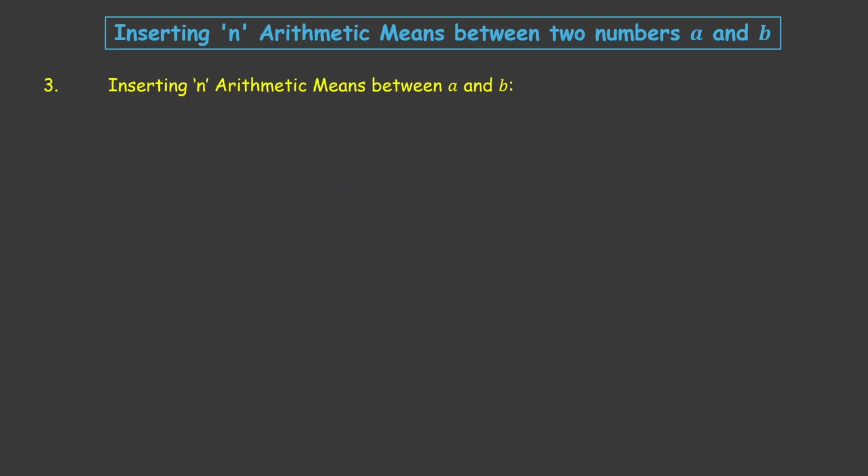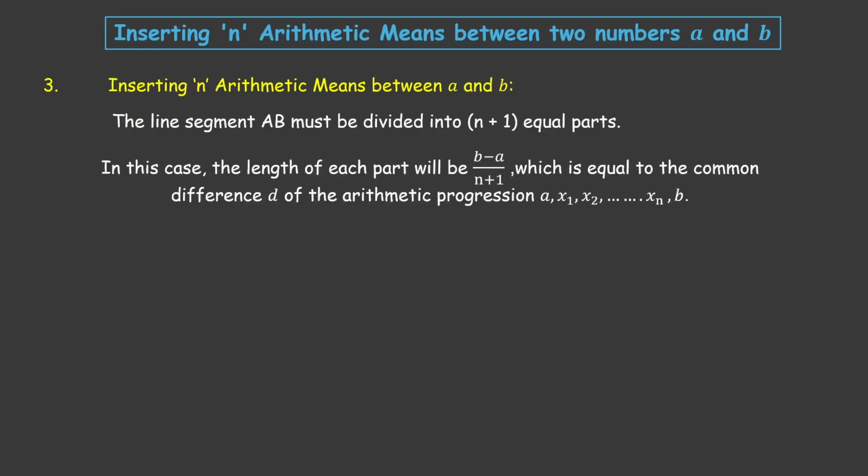Now, what if we have to insert n arithmetic means between a and b, where n can be any number? Here, the line segment AB must be divided into n plus 1 equal parts. So the length of each part will be b minus a, the entire length, divided by n plus 1, right? Which is equal to the common difference of that AP.